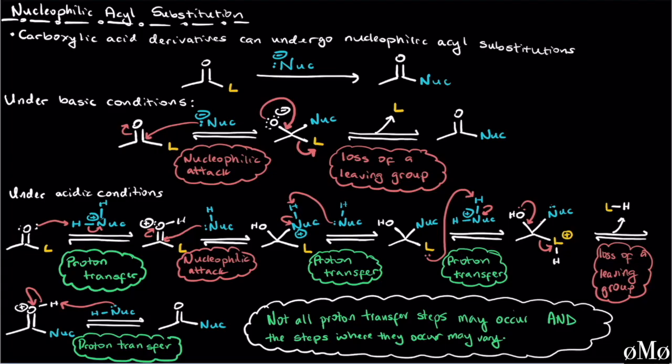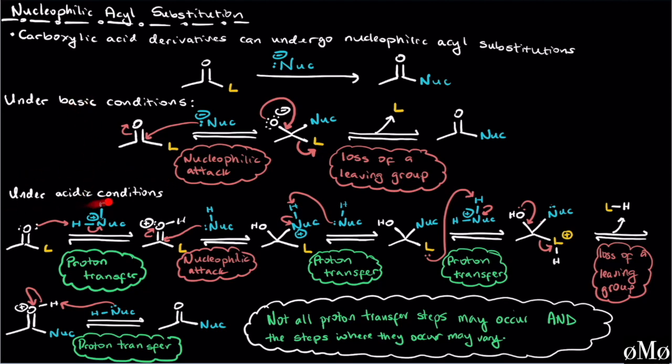And so what we're going to do for the rest of this video is actually to walk you from conditions where you have very basic reactions with very strong nucleophiles and very reactive electrophiles. And then you're going to go through some intermediary mechanisms that kind of linger in between the basic and acidic form.